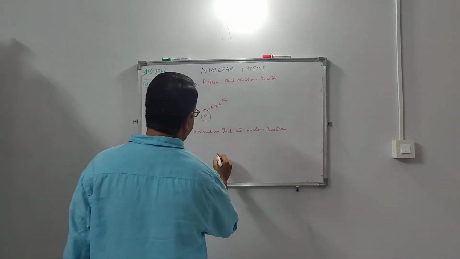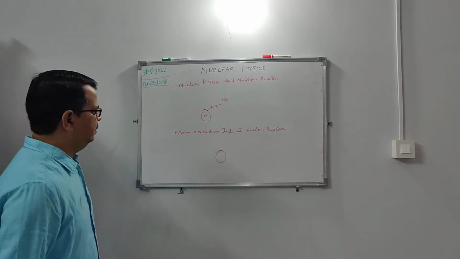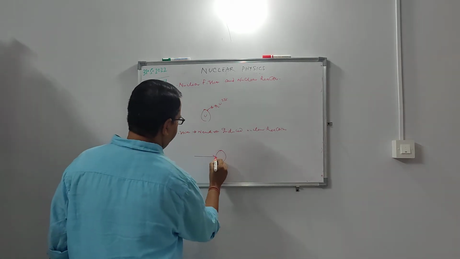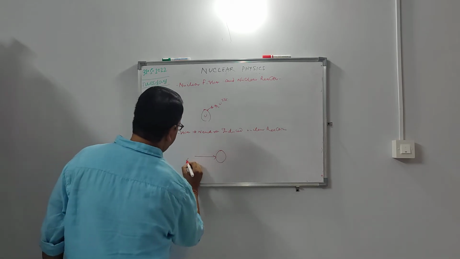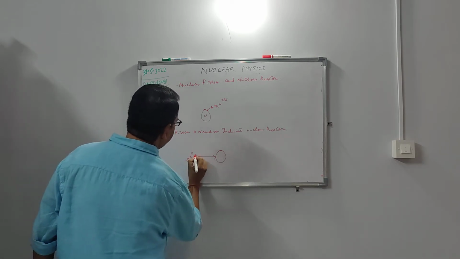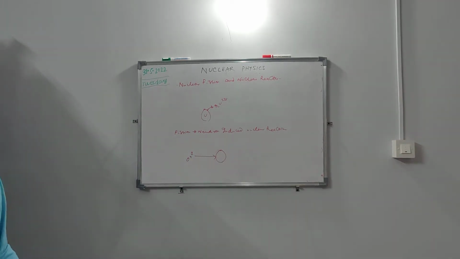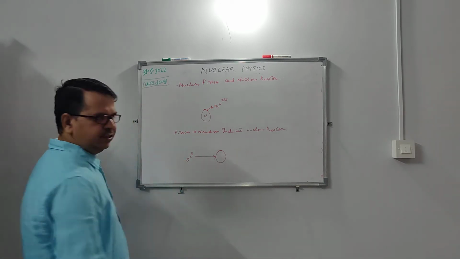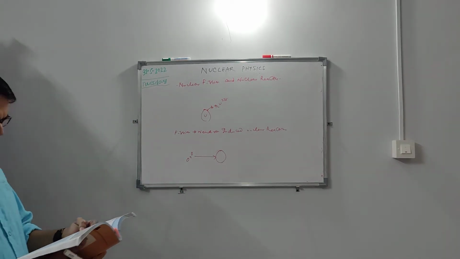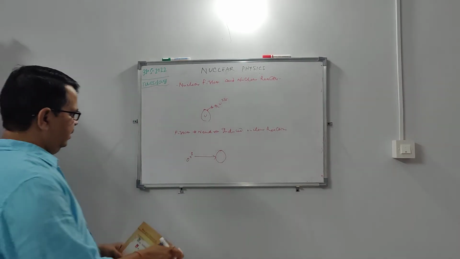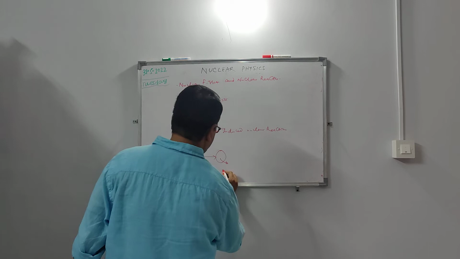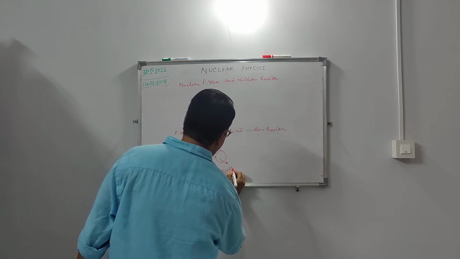Let me say this is my uranium. One neutron has mass 1, but neutron means it is neutral, it does not have any charge. So charge 0, mass 1. This neutron is bombarding one uranium atom.